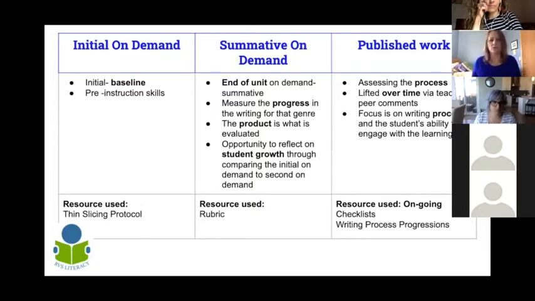So I'm going to skim read for these particular pieces of criteria, and I'm going to put them into 3 piles. My middle pile is going to be those students who get it. It's the average looking student as far as, yes, they're kind of on track. They have a good sense of the genre.